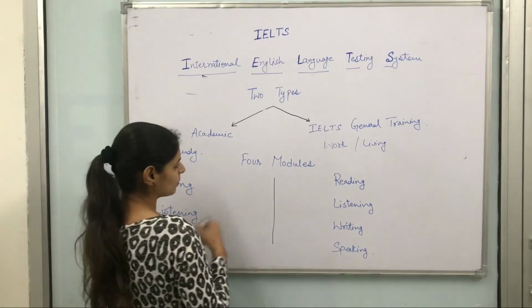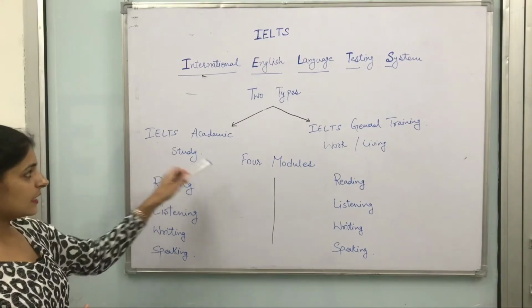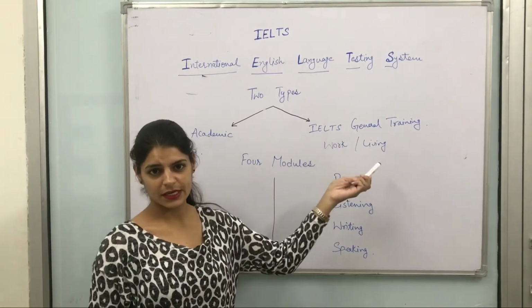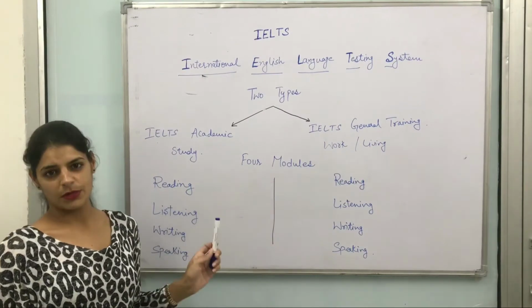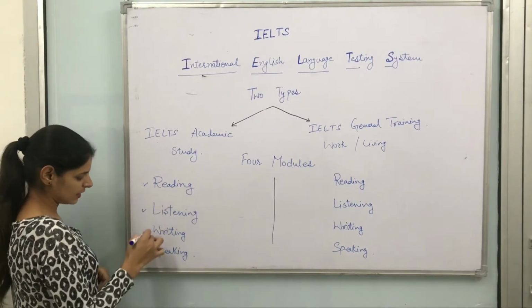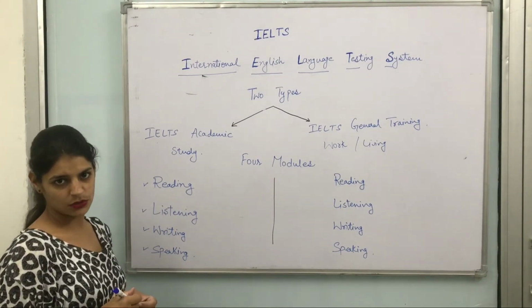Now we are going to discuss the four modules. Both tests, whether it is IELTS Academic or IELTS General Training, consist of four modules. First one is reading, second listening, third writing, and fourth is your speaking module.